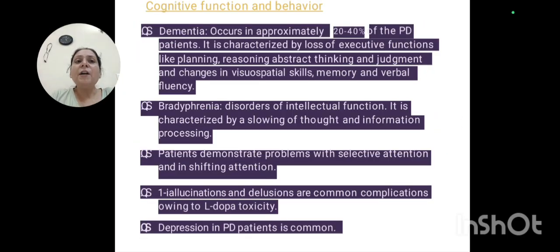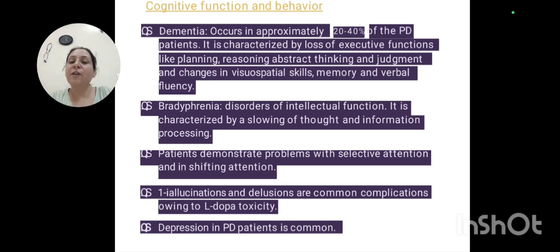Cognitive function and behavior. We have already touched this part, but let us read through it. Dementia is common in 20 to 40% of Parkinson's disease patients, where there is loss of executive functions of planning, reasoning, abstract thinking, judgment, and changes in visuospatial skills, memory, and verbal fluency, that is the formation of sentences. Visuospatial is trying to draw whatever you see; it will be very difficult for them to draw a diagram.